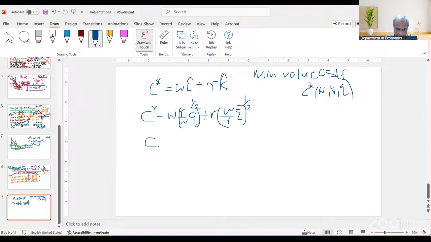The answer you get here is a function of W, R, and Q. The answer is the minimum value cost function: 2 times the square root of W R, Q to the power of one half, that is, Q squared.